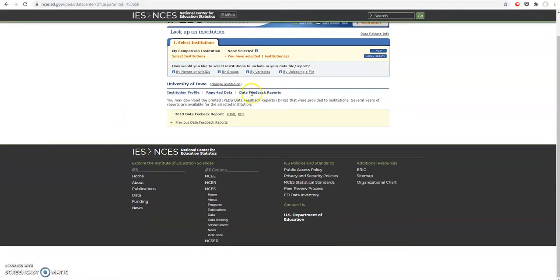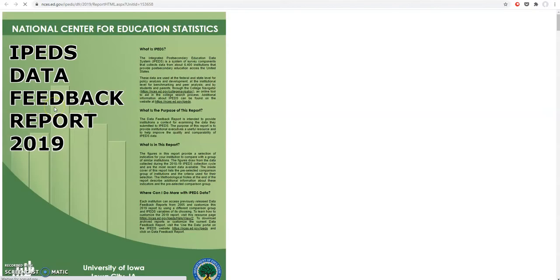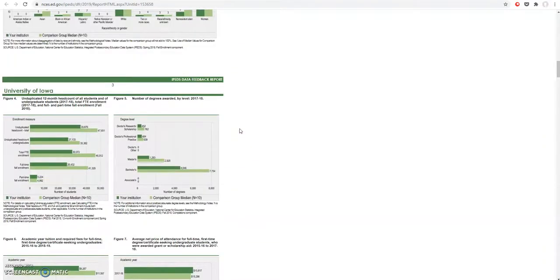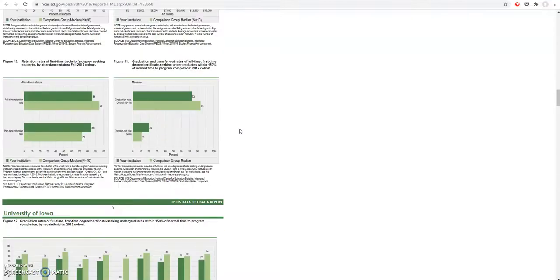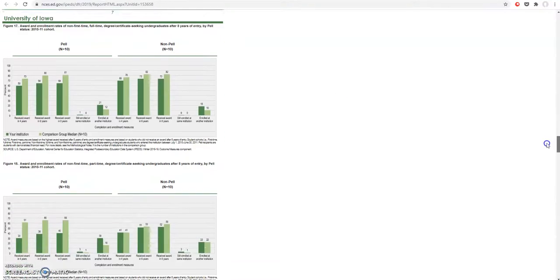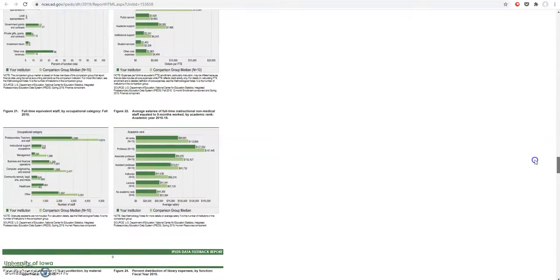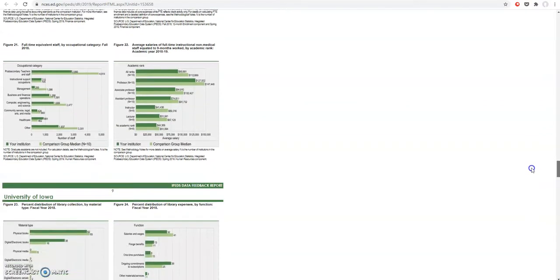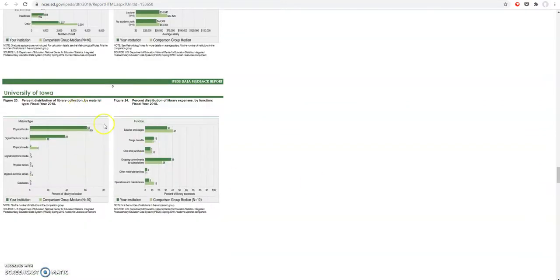Now we clicked on this other tab, data feedback reports. This is information that the university submitted in their survey to the government, and you see data on student demographics, things like where the university is spending its money, even things like the numbers of full-time staff, library expenses.